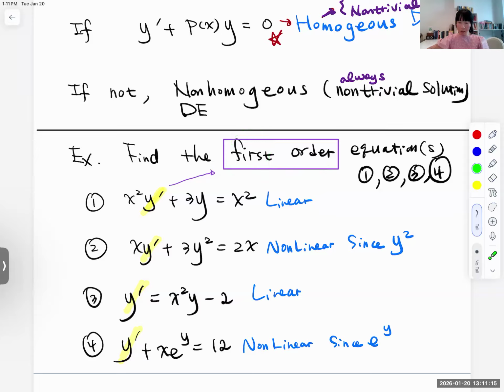They don't say linear, just first order, so everything is a first order equation. But which one is linear? We can see that this one with y is linear. This is not linear because of y squared. This is linear. And this is non-linear because of e to the y power; it should be y in order to be linear. Make sense? We went over this last time.